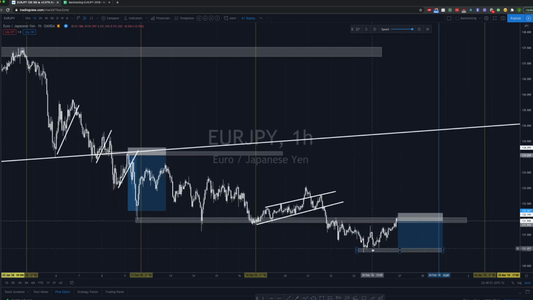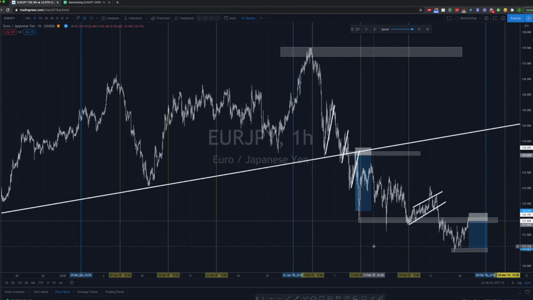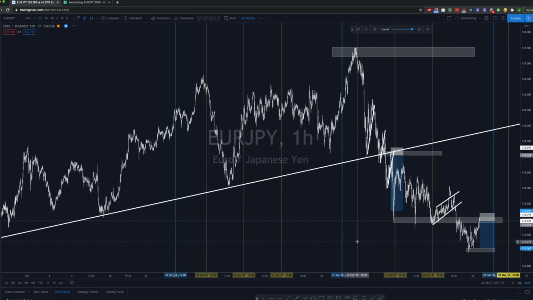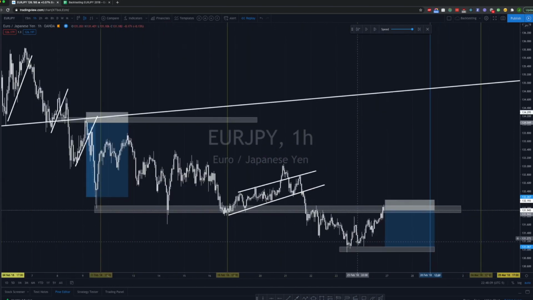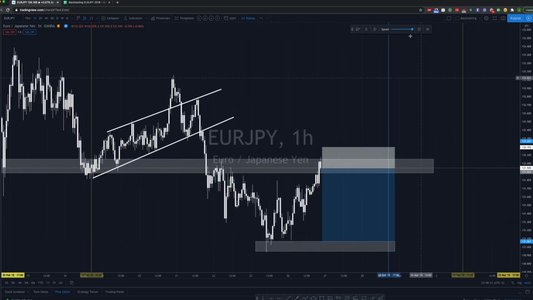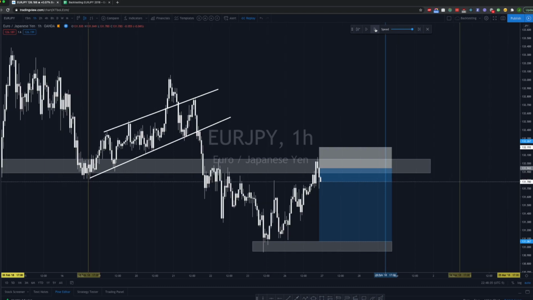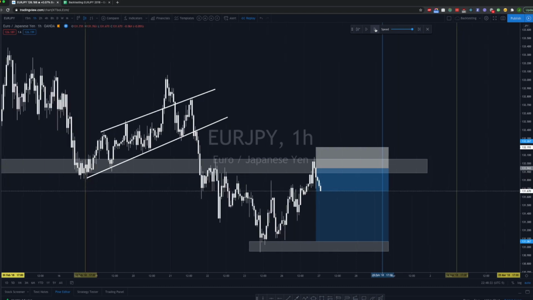Target of previous lows, and then final target, we'll look for final targets if it gets to my initial target. All right, so we had a nice sell there. So let's see what happens. All right, price pushing lower.